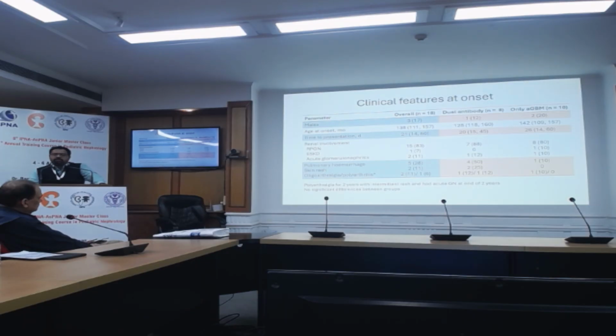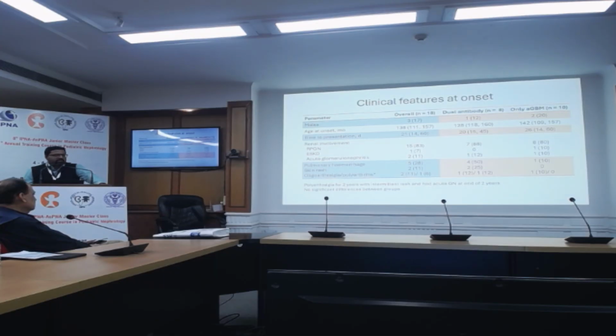The renal presentation as an RPGN was predominant, although in 1 child, because of shrunken kidneys at onset itself, we presumed ESKD at onset. 2 children presented with acute glomerulonephritis, and it is heartening to say that these children responded very well to therapy, which I'll come to in later slides.